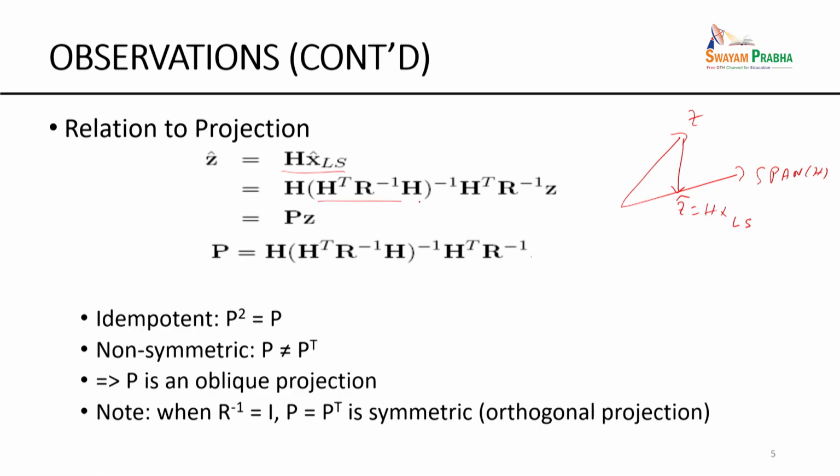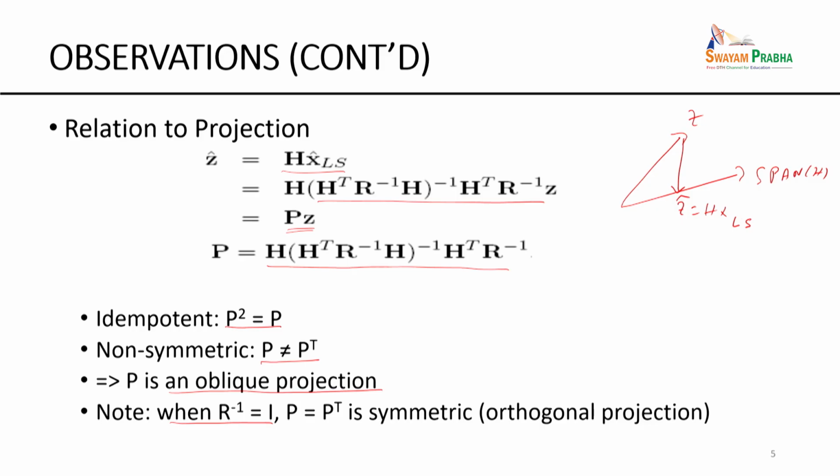x LS, I know what it is. I substitute this. This becomes P of Z. P is called the projection matrix. So the projection matrix is the oblique projection matrix, which is given by that. I want you to verify the projection matrix is idempotent. It is not symmetric. It is an oblique projection. When R inverse is I, what do you mean by R inverse is I?